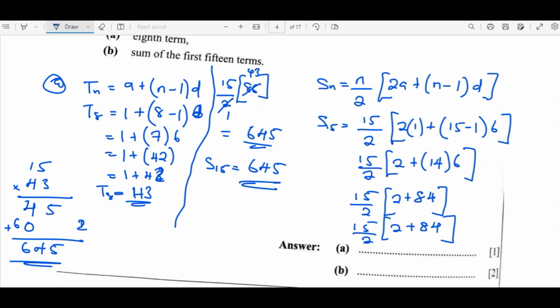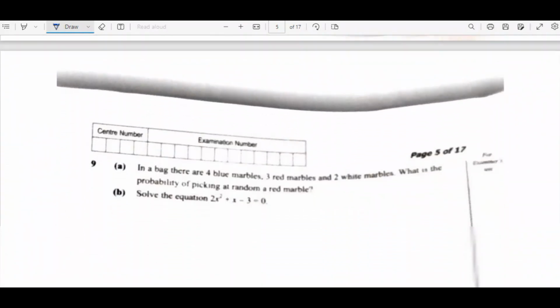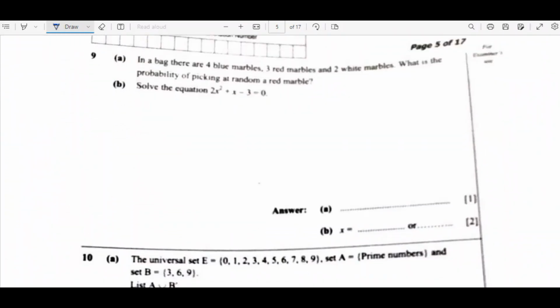So we can quickly move to question 9. Question 9 reads: in a bag there are 4 blue marbles, 3 red marbles, and 2 white marbles. What is the probability of picking at random the red marble?